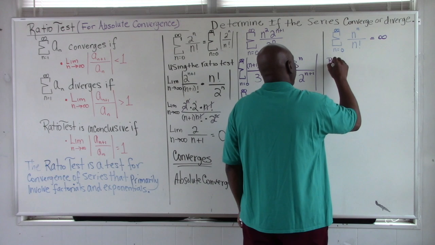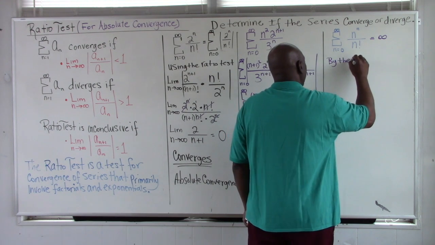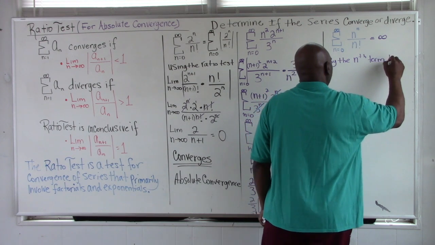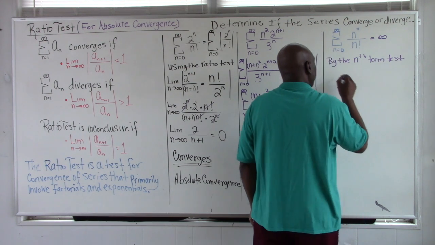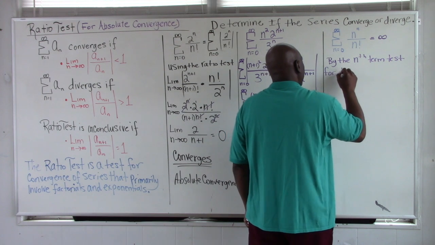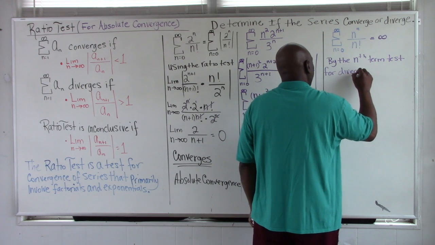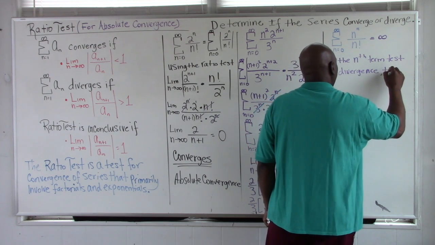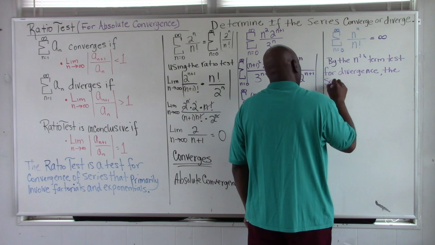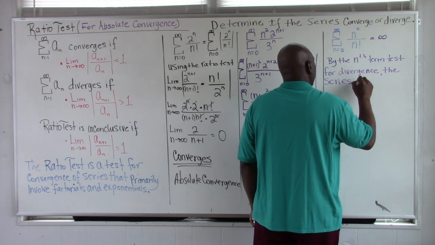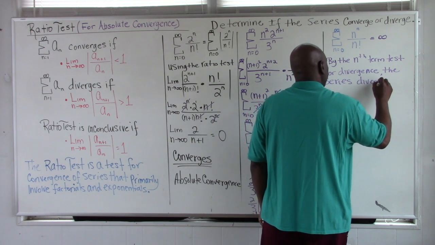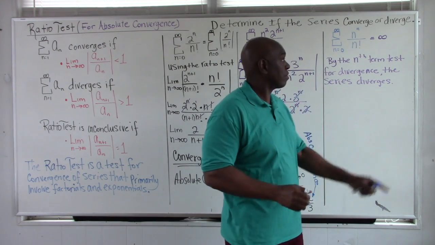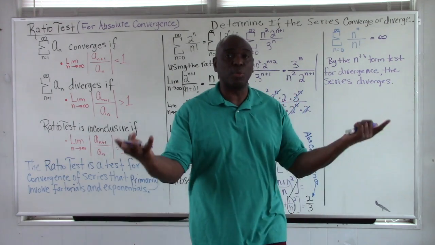And by the nth term test for divergence, the series diverges because its limit is other than 0.